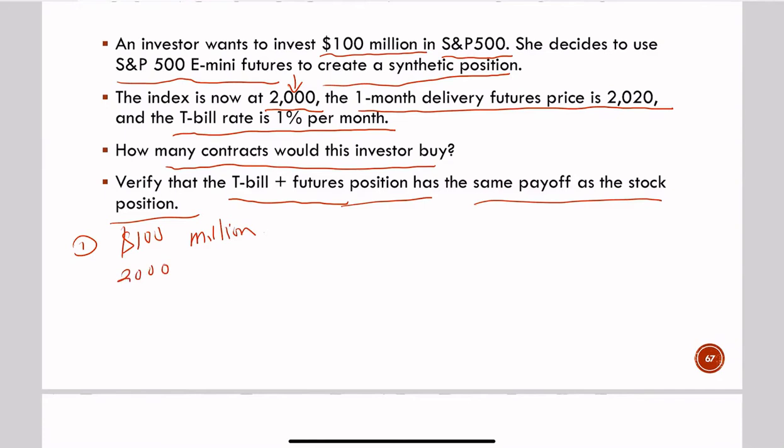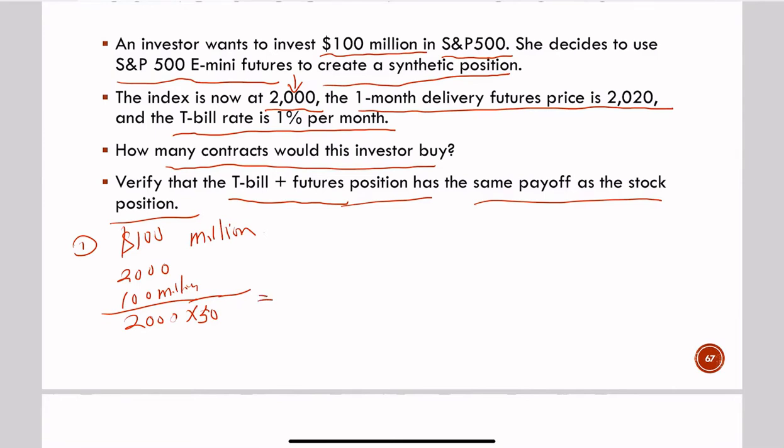Basically you should use $100 million divided by the contract value. However, you have to remember we have this $50 multiplier. So essentially, one futures contract represents 2000 times 50, right?